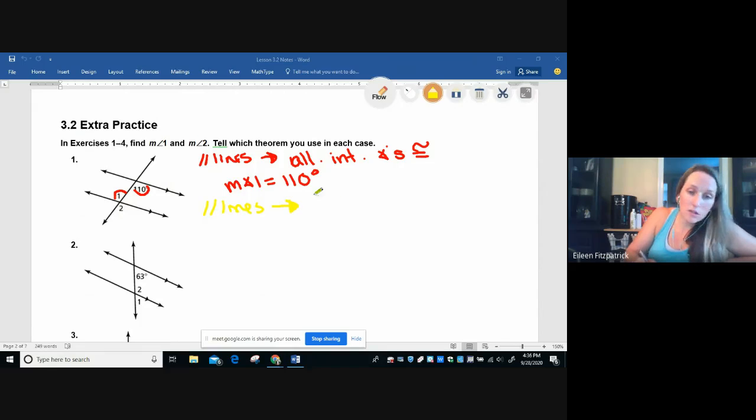So the measurement of angle 2 is also equal to 110. Also, they're opposite V's, vertical angles, right? Vertical angles are congruent. So they both should be 110, which we already said they were. All right, let's move on.